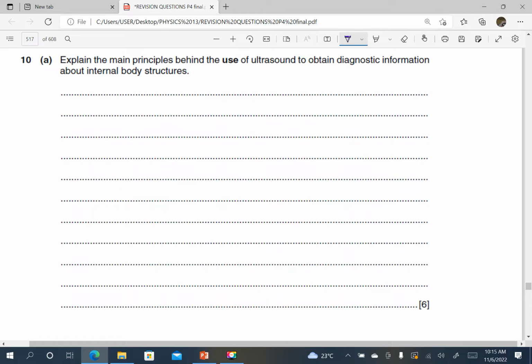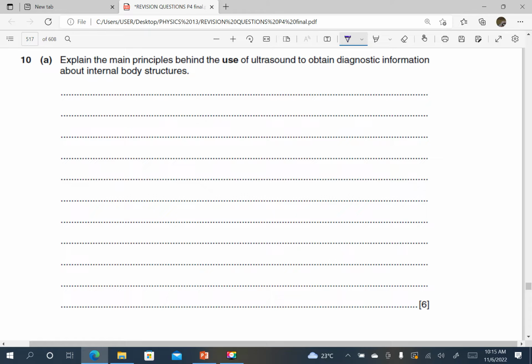So one, we must talk about how to produce ultrasound. Remember, it is the quartz crystal across which a PD is applied so that the crystal vibrates to produce ultrasound. Number two, remember the transducer is placed on the skin which has been smeared with a gel so that there is no air between the transducer and the skin. Number three, remember the same transducer which emits ultrasound is the same transducer which receives.